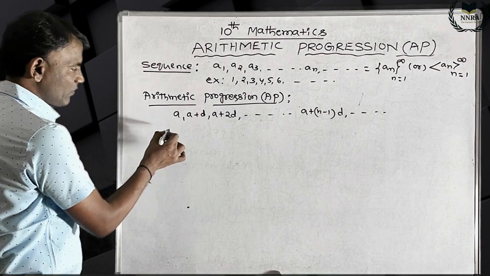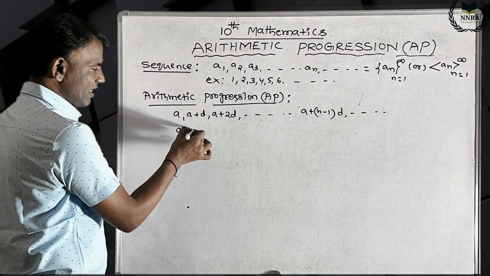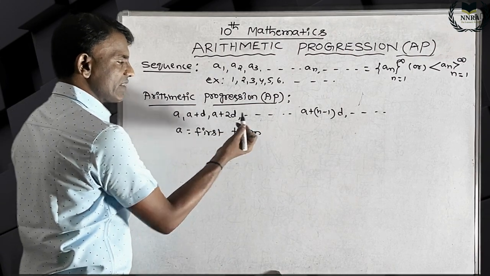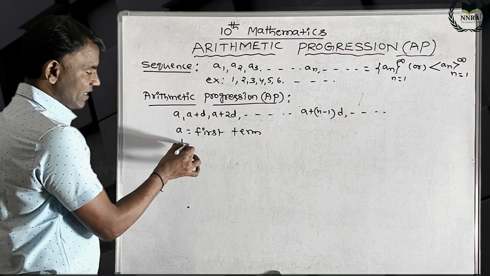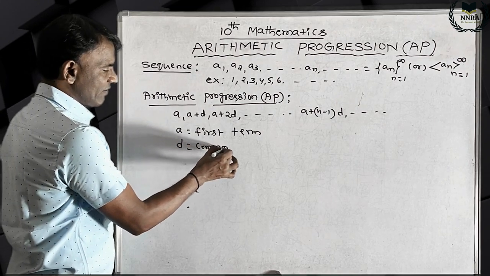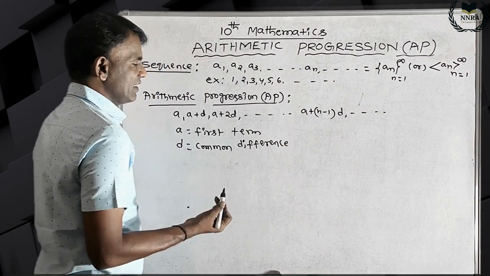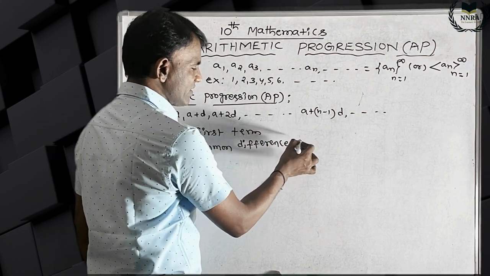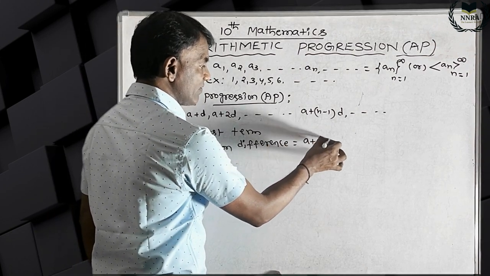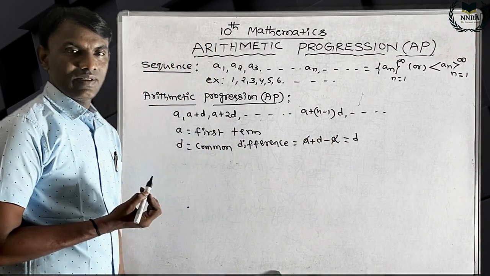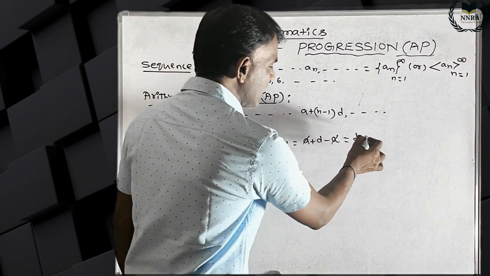In this arithmetic progression, the first term is a, also known as the first term only. And d is called the common difference. But how to find the common difference? Generally, we can write second term minus first term. Second term is a plus d, first term is a. Both get cancelled, then we get d.